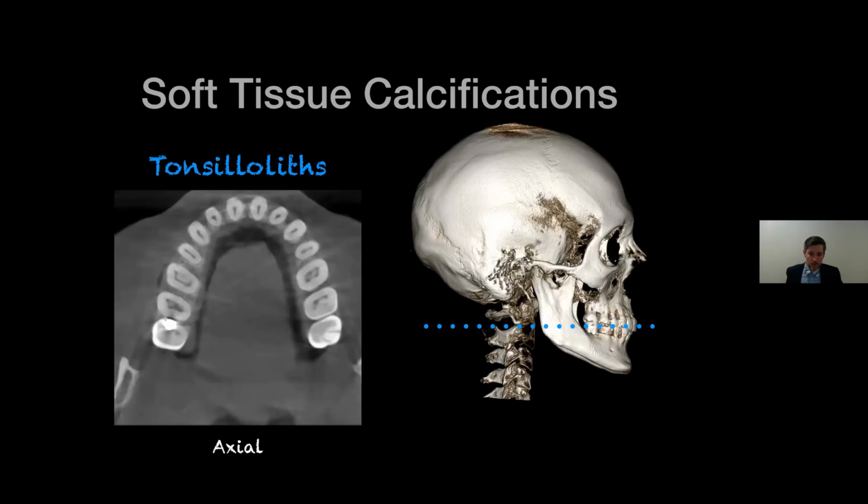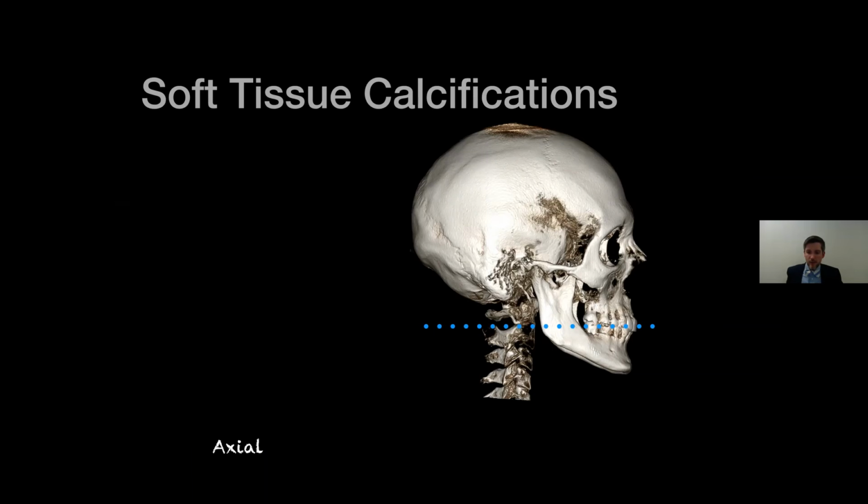These patients sometimes might cough these up, but it's not anything that would really need to be treated. But again, this is the most common calcification that we see. Just take a mental note of the level that we're at. We're at the level of occlusion.